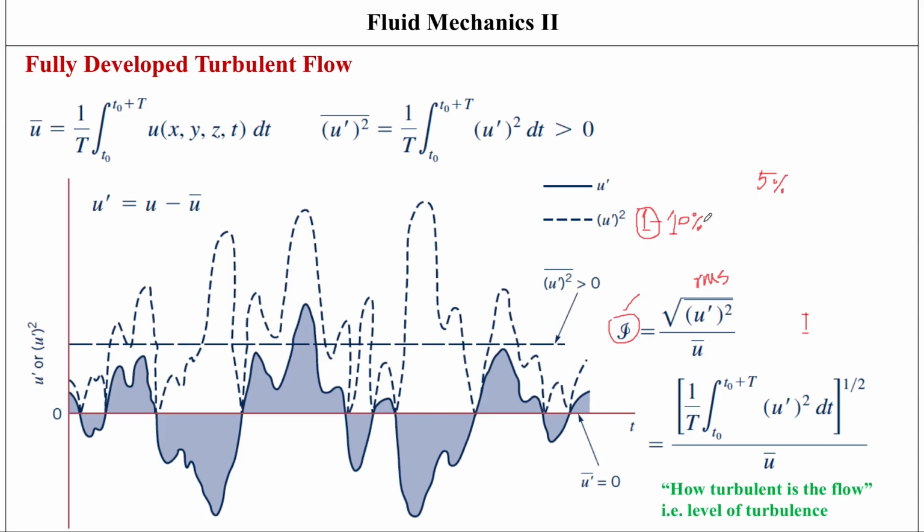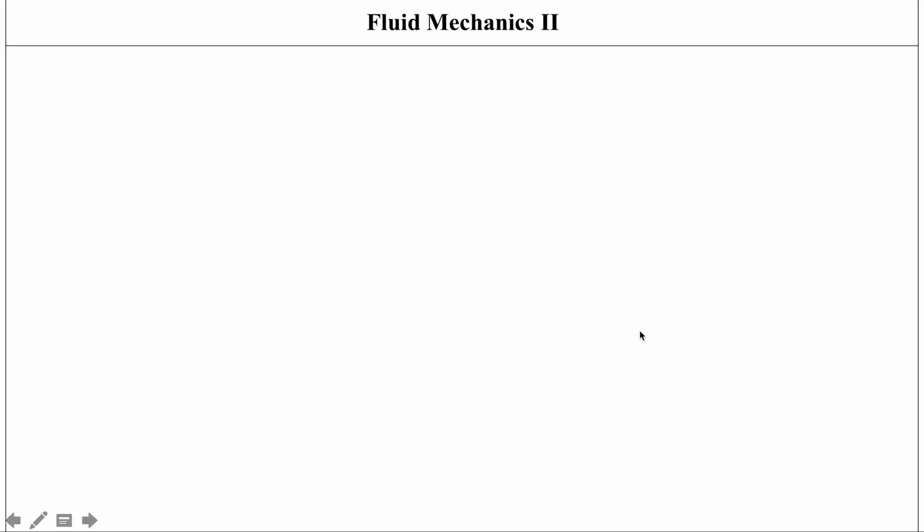So this is what the expression for turbulence intensity is, and now we need to move on, and we need to go back to understanding the shear stress concept, and we need to apply it to the turbulent flow. So for laminar flow, we've identified previously, and we know that this is the expression that is valid for a Newtonian laminar flow.